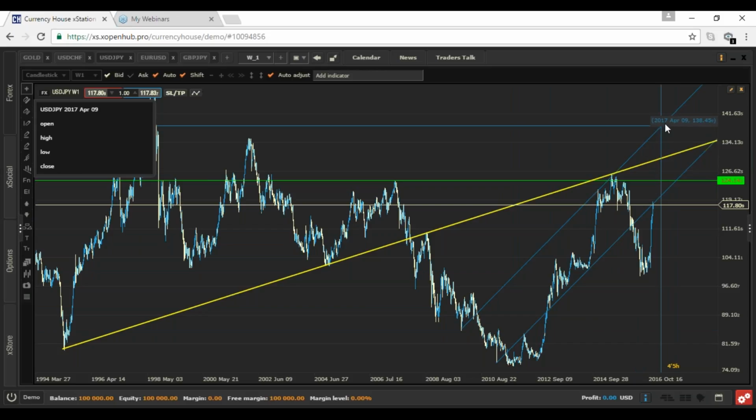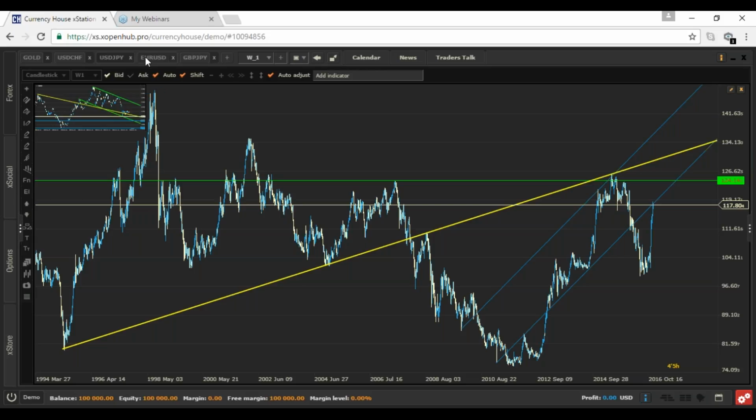And you can see here that the prices are very, very high. So we have not just enough, we have plenty of room to go further in this trend. So everything indicates a very strong trend.